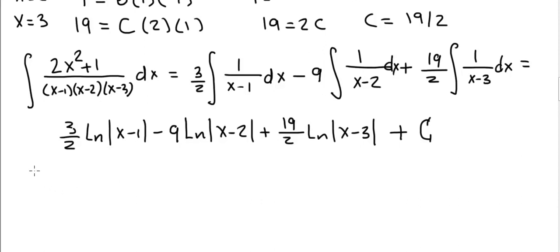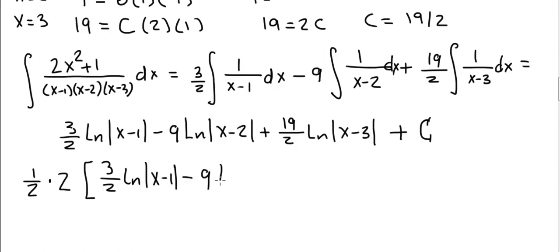So we're going to take 1/2 times 2, that is just a form of 1, and multiply it by 3/2 natural log absolute value x minus 1 minus 9 natural log absolute value x minus 2 plus 19/2 natural log of absolute value of x minus 3.